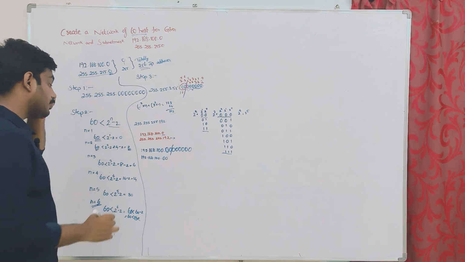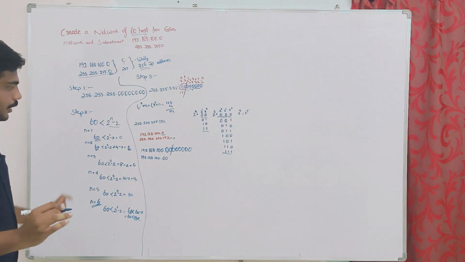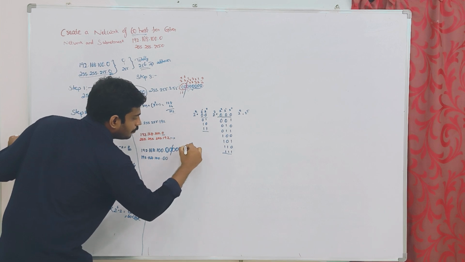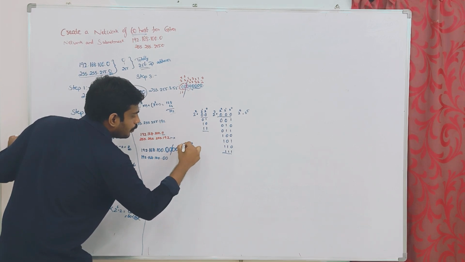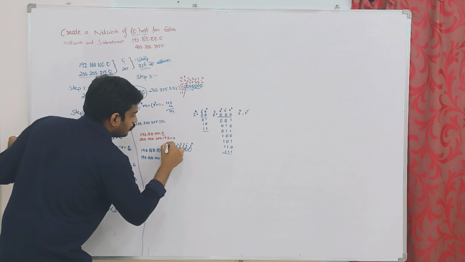192.168.100.0. For your better understanding, to avoid confusion, you always keep 2 power 0, 2 power 1, 2 power 2, 2 power 3, 2 power 4, 2 power 5, 2 power 6, 2 power 7.